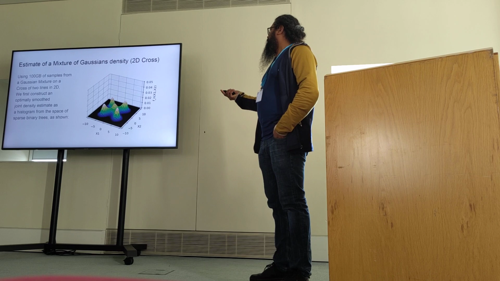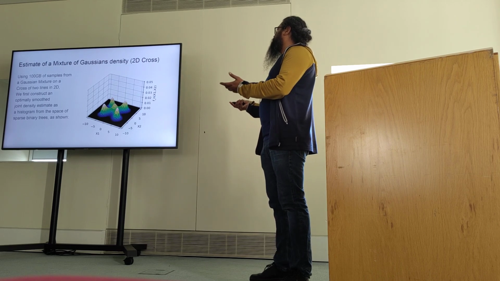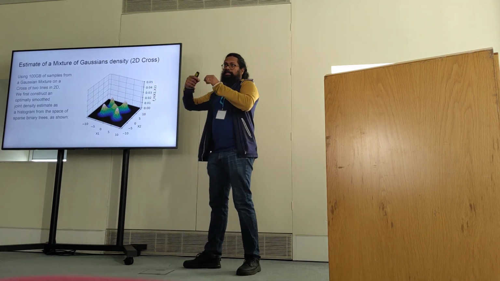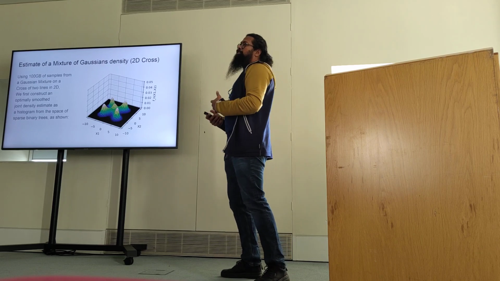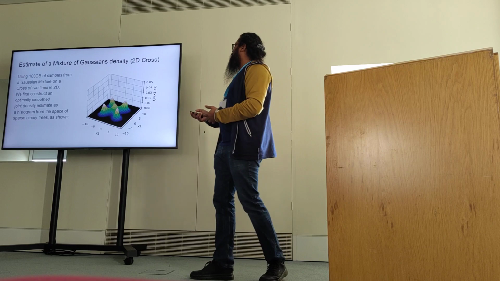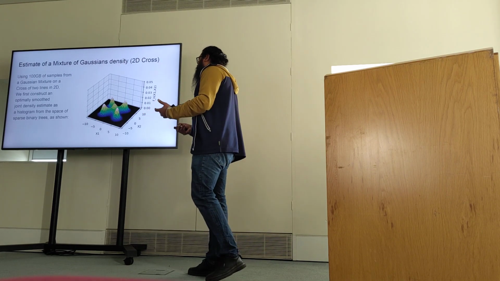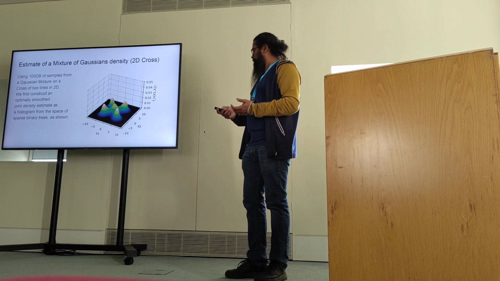So, let's look at a mixture of Gaussian densities in a 2D cross, right? So you have basically a cross. We have these lines with different Gaussian densities. Oh, very good. So we constructed a very rich class of simulatable densities, so that we can basically have 100 gigabytes to a terabyte of data, and then see how it performs, right?